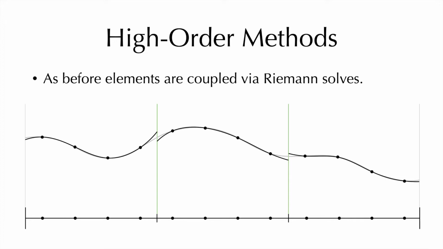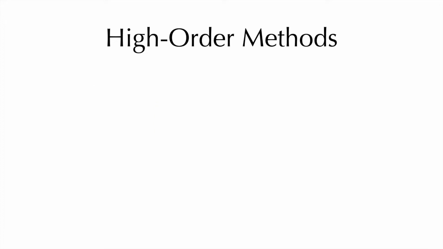And this can be seen if you compare this slide to the previous slide where I showed the finite volume method. In both cases, we have the same number of degrees of freedom, but you'll see here that by using those degrees of freedom more effectively, the flux reconstruction approach is able to deliver us higher accuracy.